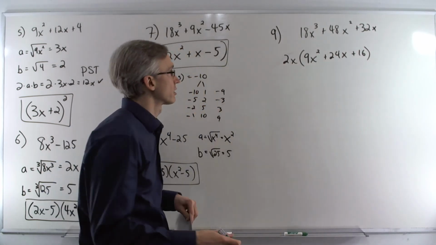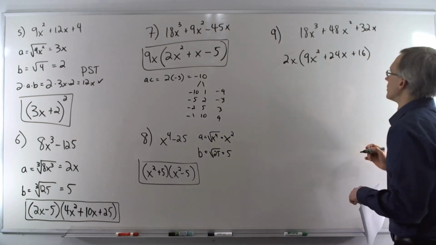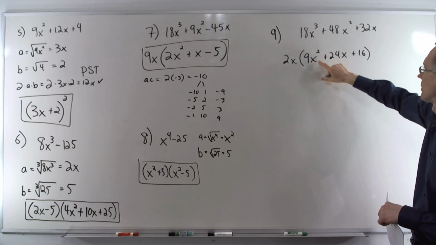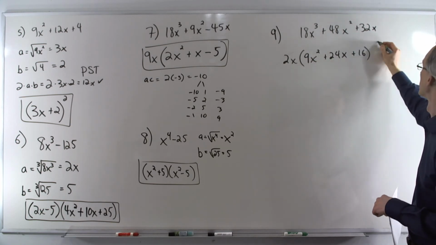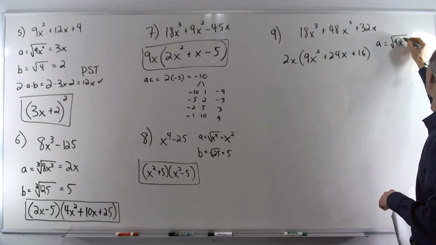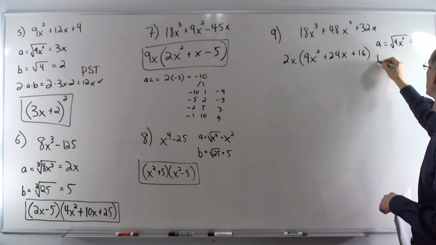All right, now let's take a look at this trinomial inside the parentheses. It looks like we have a bunch of perfect squares. 9 is a perfect square, x squared is a perfect square, 16 is a perfect square. So let's try a perfect square trinomial. Take the square root of the first term to get 3x.